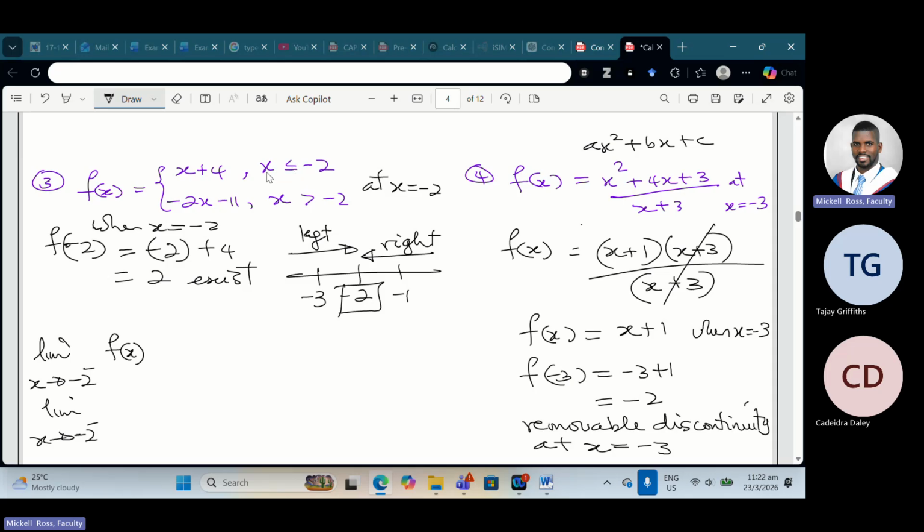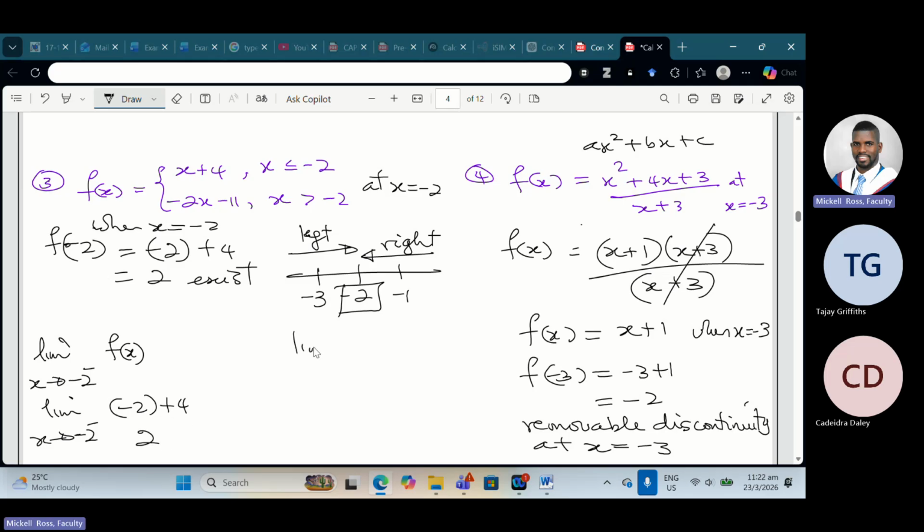So if you're less than negative 2, you're approaching from the left-hand side, so you use the function x plus 4. This is going to be negative 2 plus 4, which gives you 2.